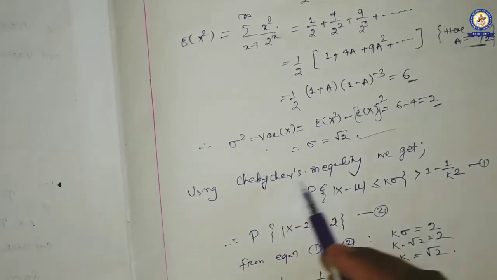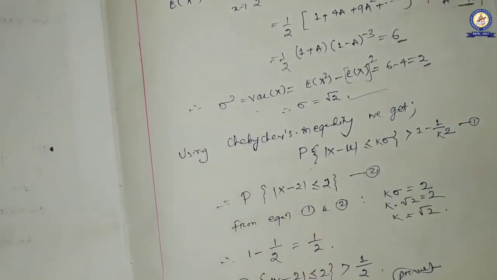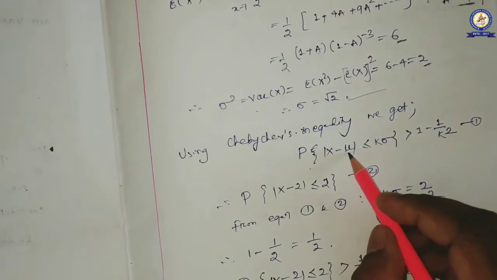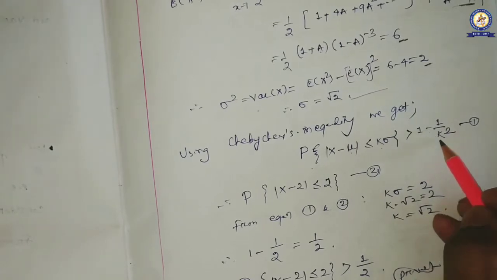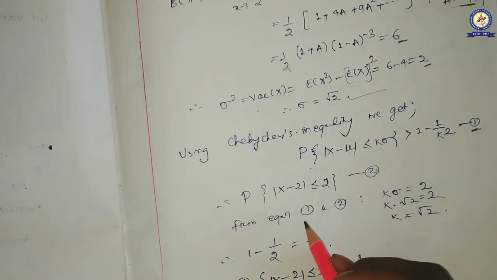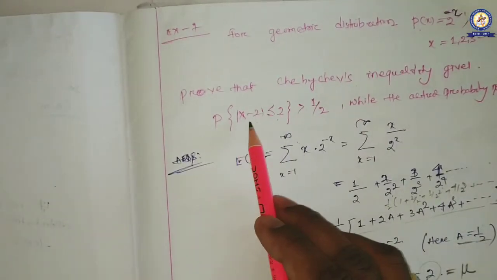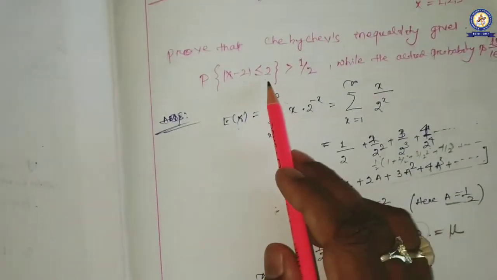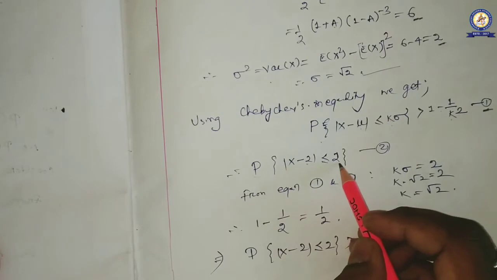Now we are going to use Chebyshev's inequality, that is the probability of mod x minus mu, where mu is the mean, less than or equal to k sigma, will be greater than 1 minus 1 by k square. Let this be equation number 1. As it is given that we have to prove mod x minus 2 less than or equal to 2 has probability greater than 1 by 2, consider the probability of mod x minus 2 less than or equal to 2.